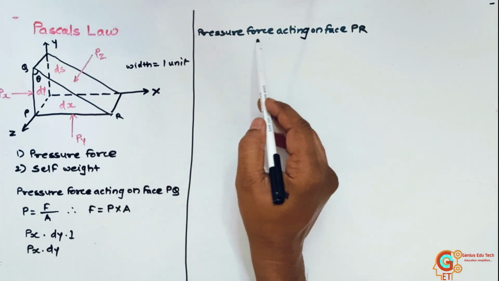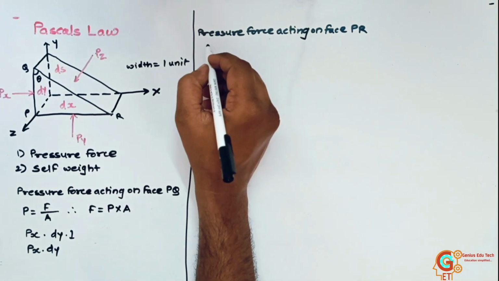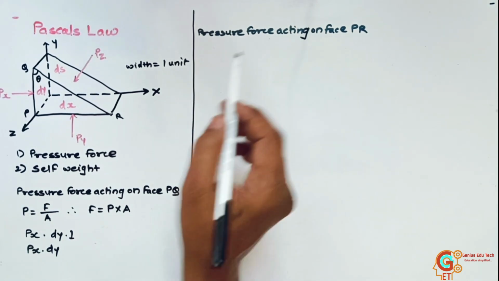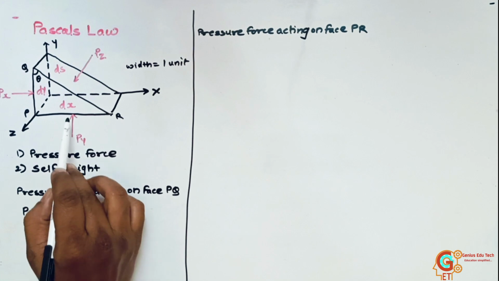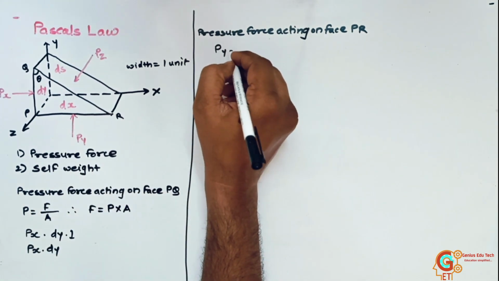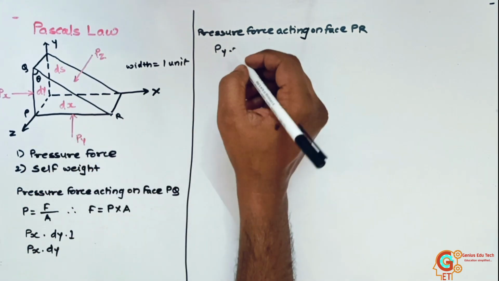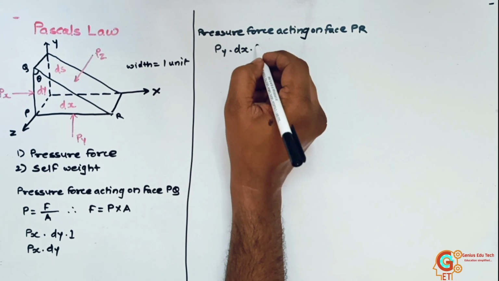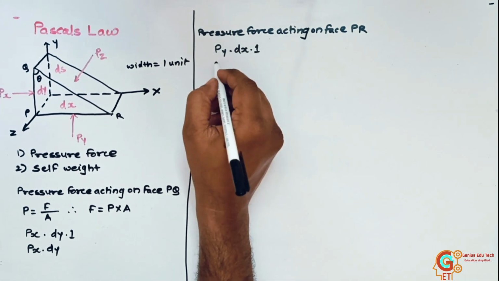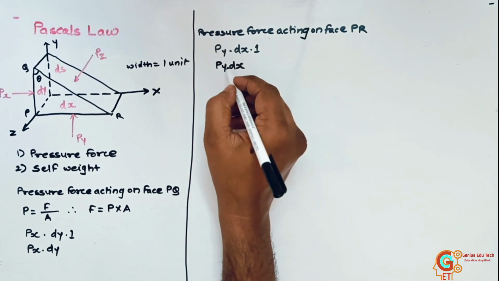Similarly, pressure force acting on face PR will be intensity of pressure on face PR, which is nothing but Py, into its area. Area is nothing but dx into unity width. So which will be Py dx, right?